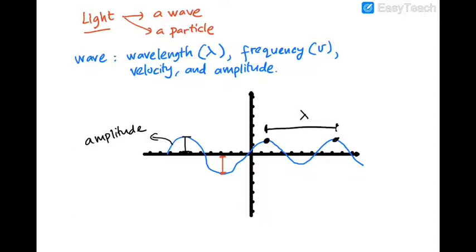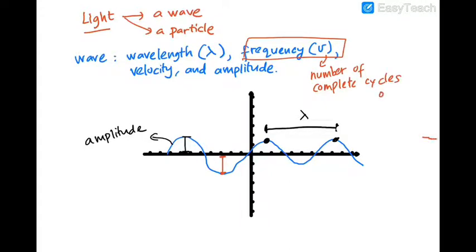On the other hand, the frequency over here is defined as the number of complete cycles of the wave, of course, that pass a given point per second.